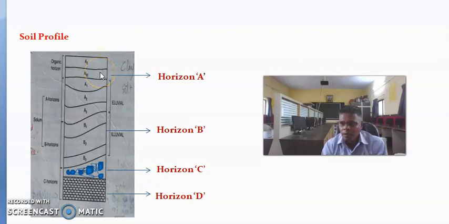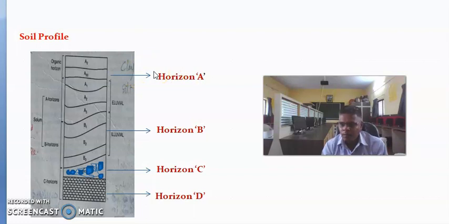Horizon A is also known as the eluviation zone. Usually it contains undecomposed or partially decomposed organic matter, and the color of this layer is light.